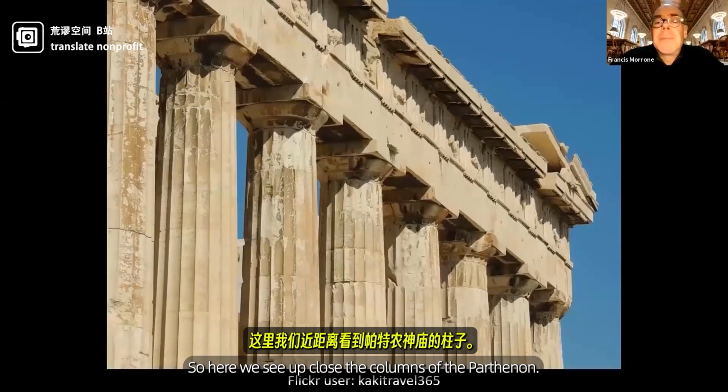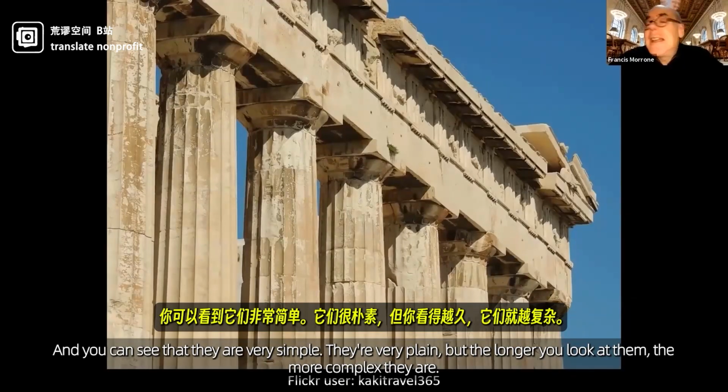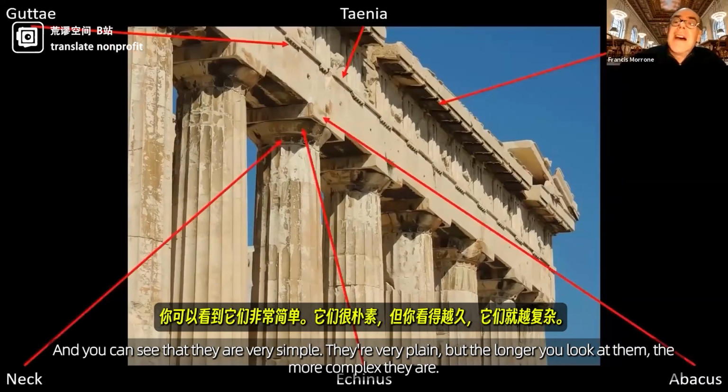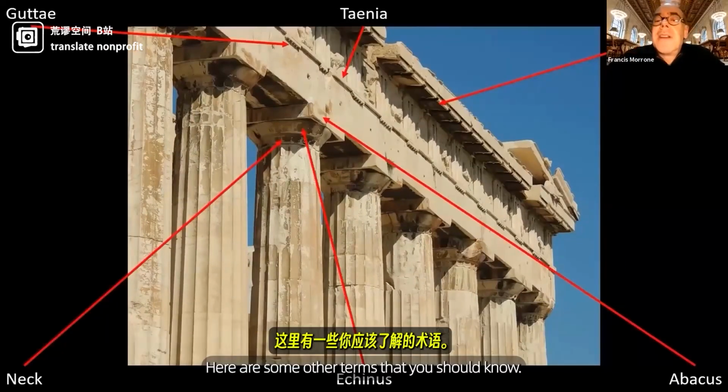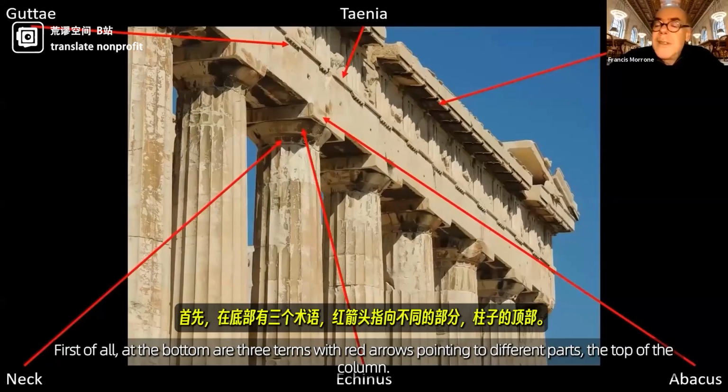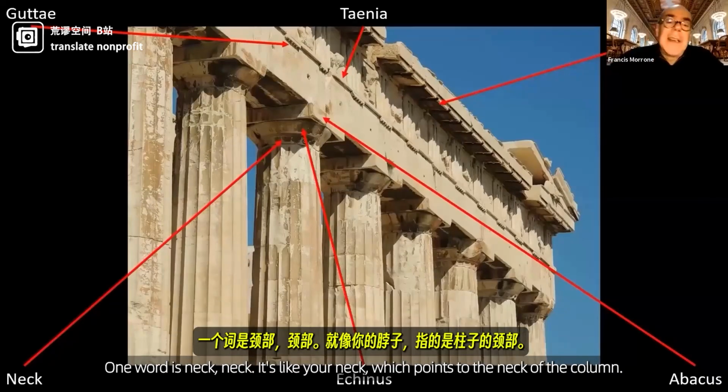So here we see up close the columns of the Parthenon, and you can see that they are very simple, they are very plain, but the longer you look at them, the more complex they are. Here are some other terms that you should know. At the bottom are 3 terms with red arrows pointing to different parts at the top of the column.